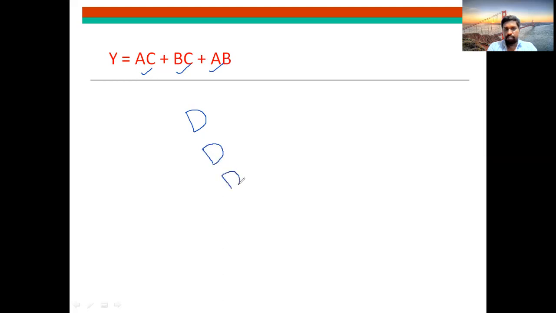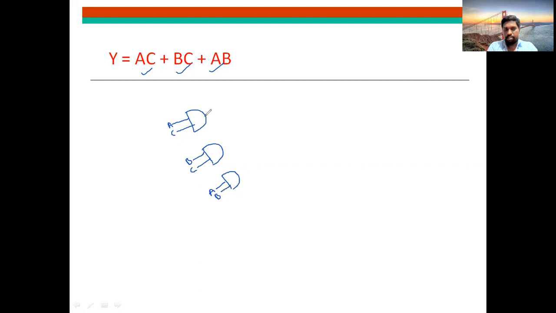And what are the inputs given for these AND gates? First one is A, C. Second one is B, C. You should join them clearly, so draw carefully. Next, here A and here B.